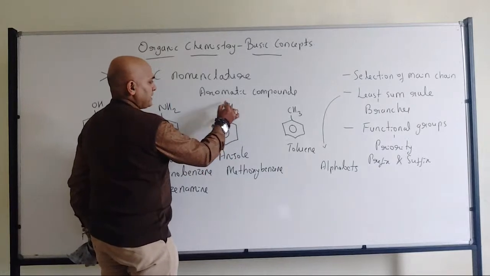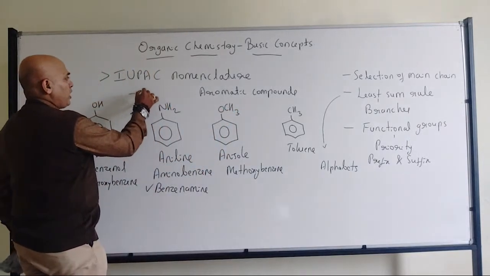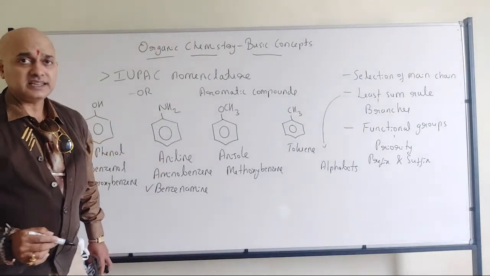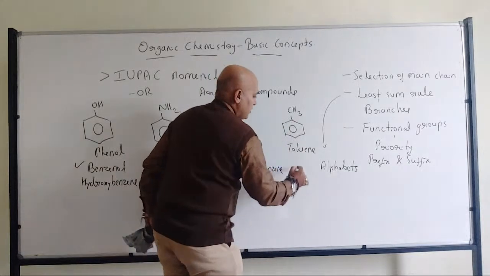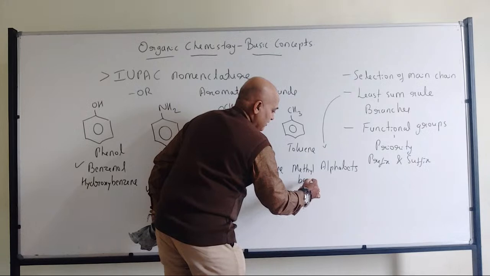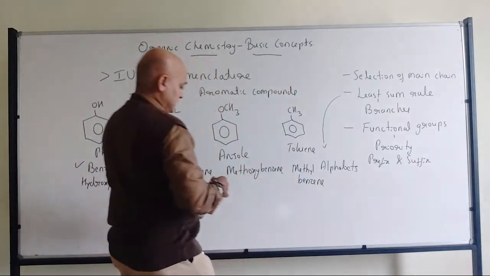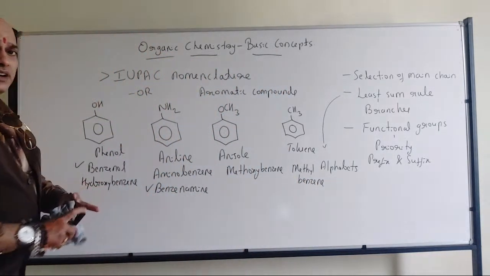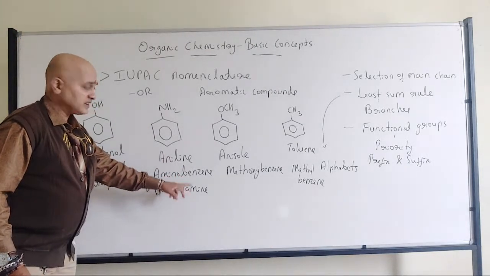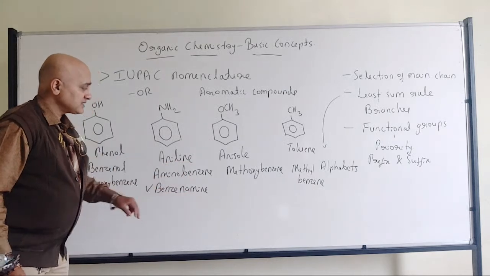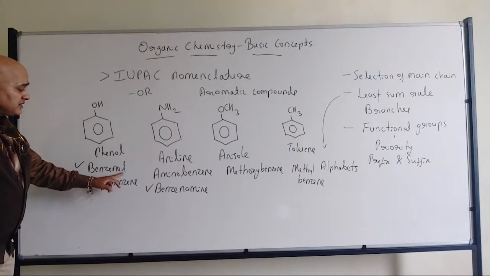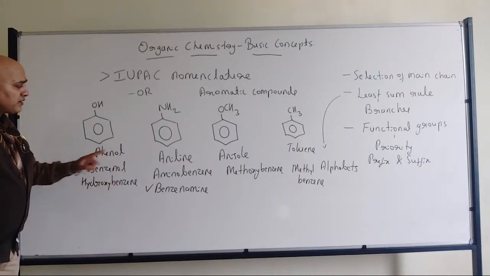The alkoxy group, if you remember, I have discussed, OR, alkoxy, same thing. Methoxybenzene. Same way, here we can call it methylbenzene. If you observe, wherever the amine group is there, we use it as a suffix, -amine. Whenever the OH group is there, we use it as the -ol suffix, benzenol or phenol.